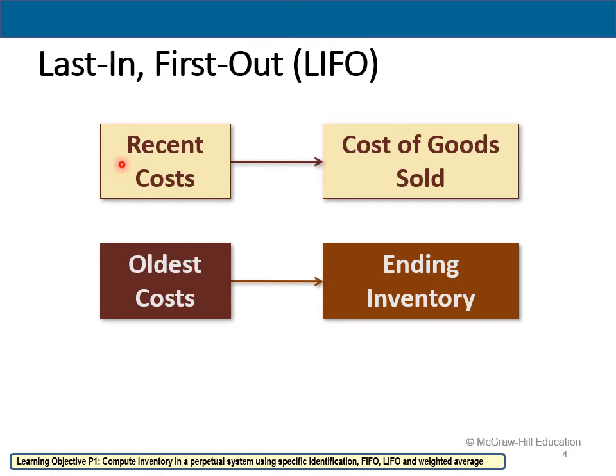In application, Kroger tries to sell the oldest stuff first, but from an accounting perspective, GAAP allows them to assume that they sell the most recent purchases first, and that's just what Kroger does. Kroger uses LIFO. It is permissible under GAAP to choose an assumption that does not parallel the actual physical flow of goods.